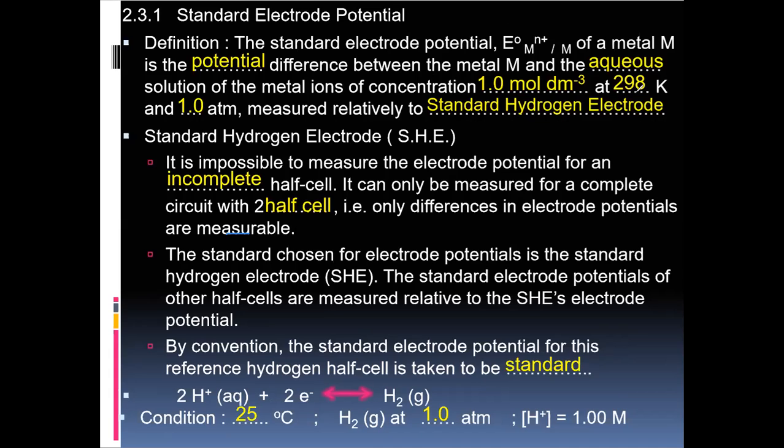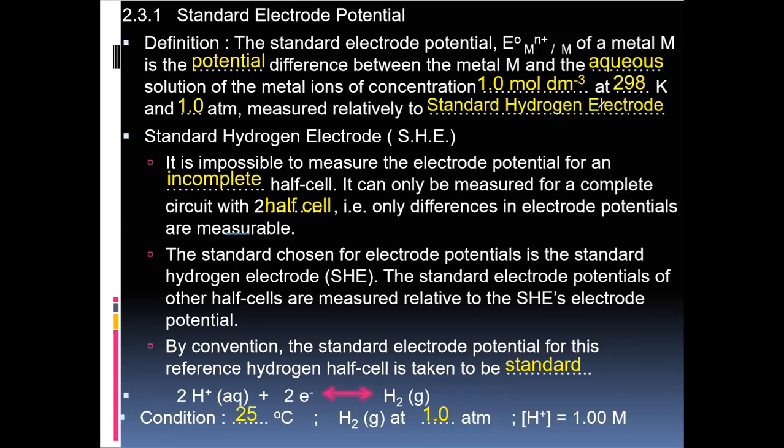Standard temperature is 25 degrees Celsius, which is 298 Kelvin, and standard pressure is 1.0 atmosphere, measured relative to the standard hydrogen electrode.